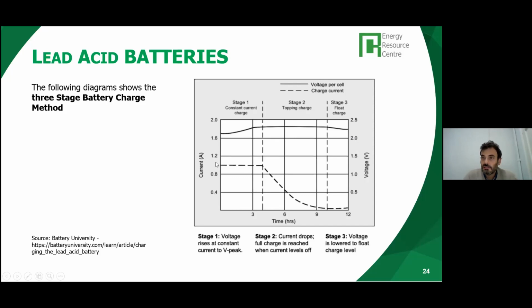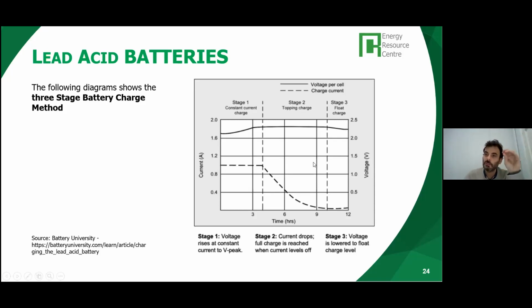This is the ideal charging method for a lead acid battery. In the absorption stage, what we want is to keep the voltage stable, and little by little we can afford to start decreasing the current. So we can start cutting off the current going into the battery. We will see that later on.